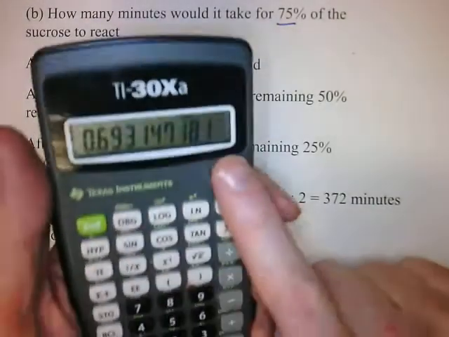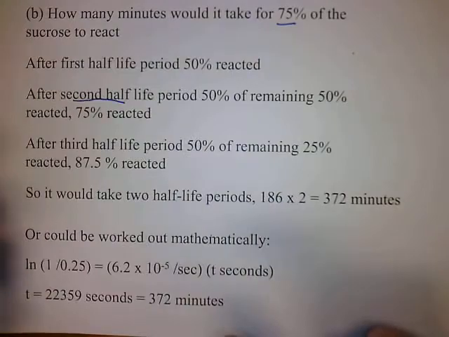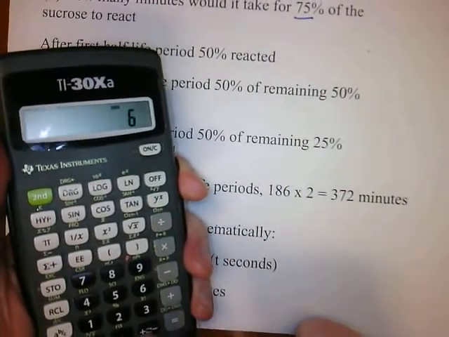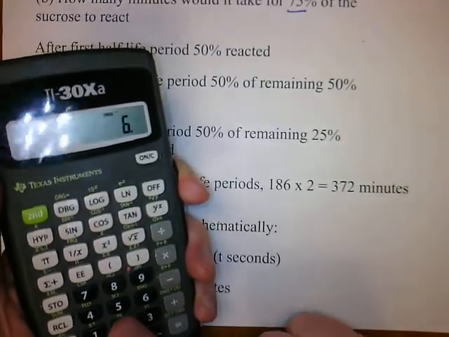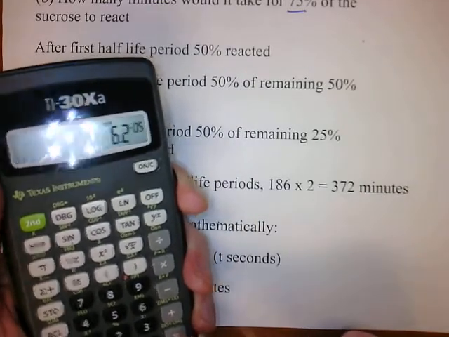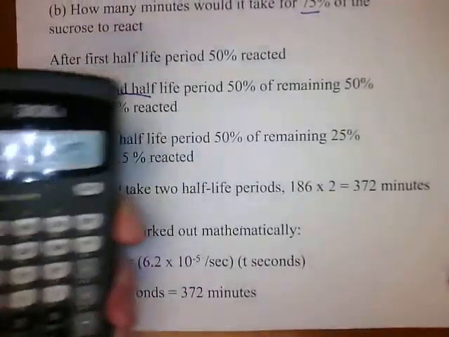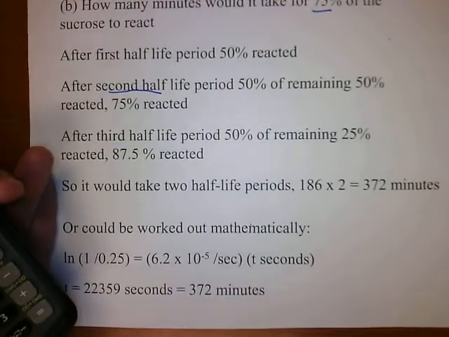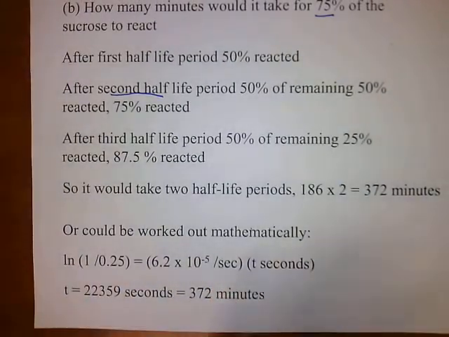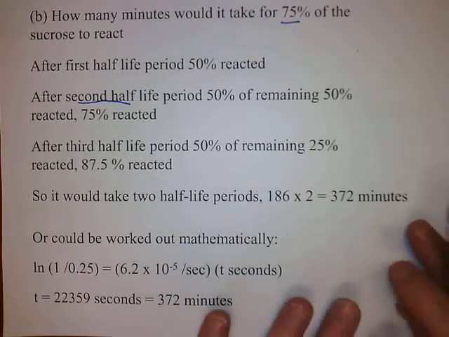That's 4, right? The natural log of 4 is 1.38, and we divide that by the 6.2 times 10 to the minus fifth. That was the rate constant, right? And that's what you get: 22,359 seconds, which you divide by 60 and it comes out to be 372 minutes.